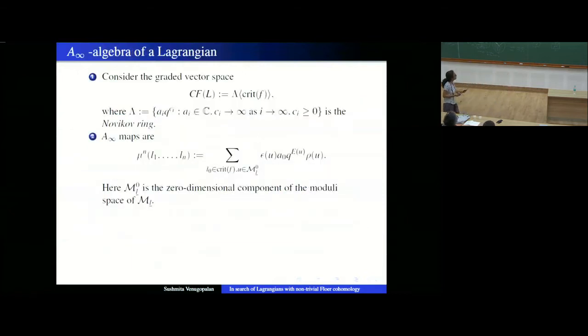Okay, and now how do I define the A infinity algebra?